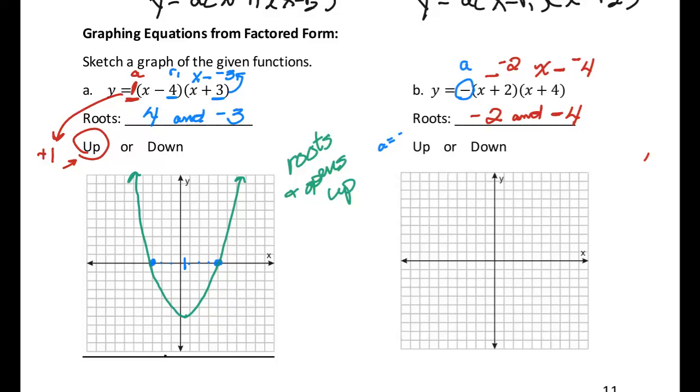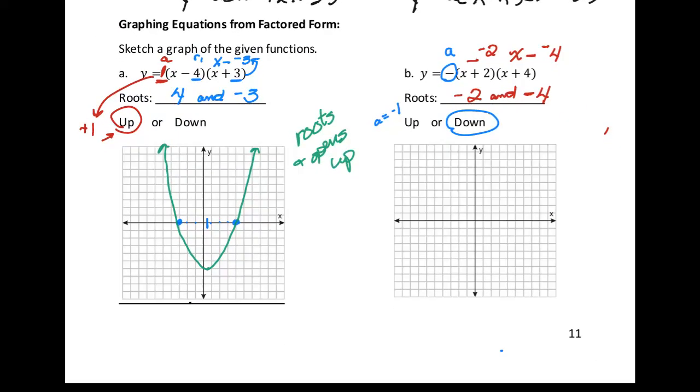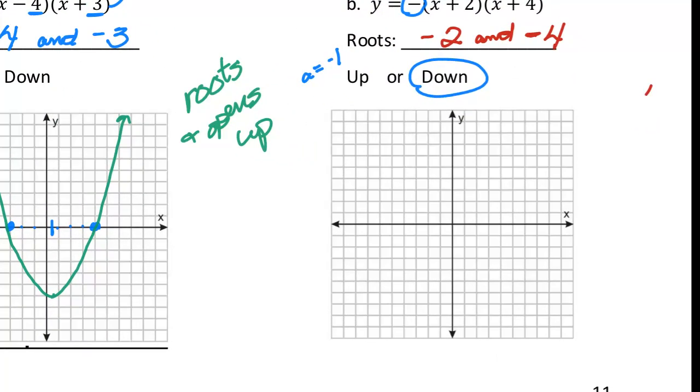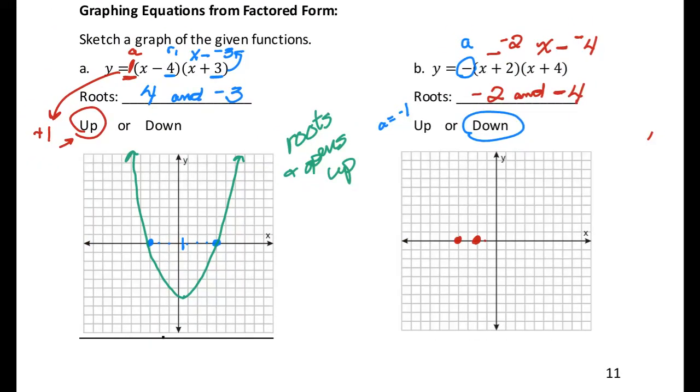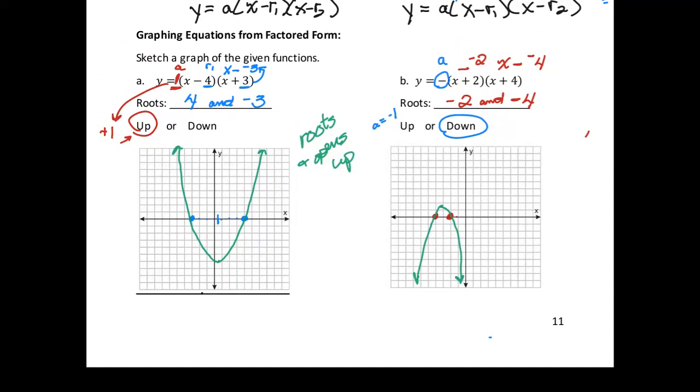A is -1. That means it is opening down. So my roots are at -2, 1, 2, and -4, right there. It is a negative value. It's opening down. And A is just 1, so it's going to be like really pretty close there. There it is. Questions on that?